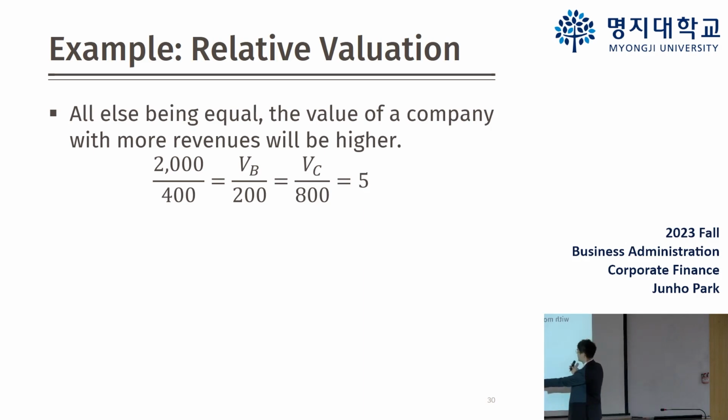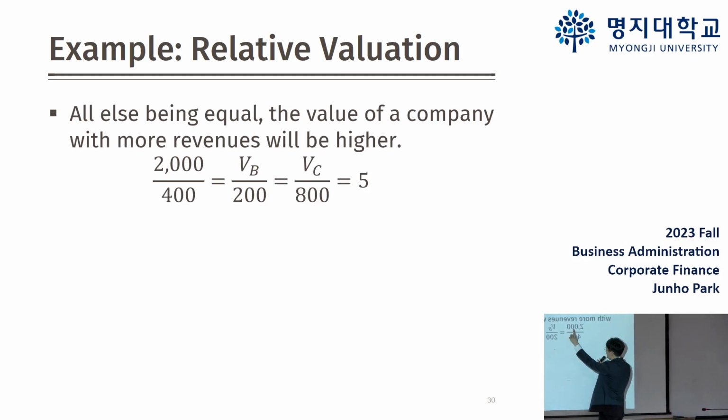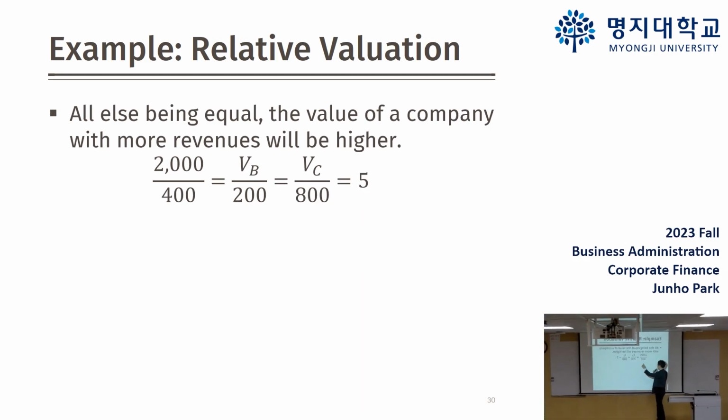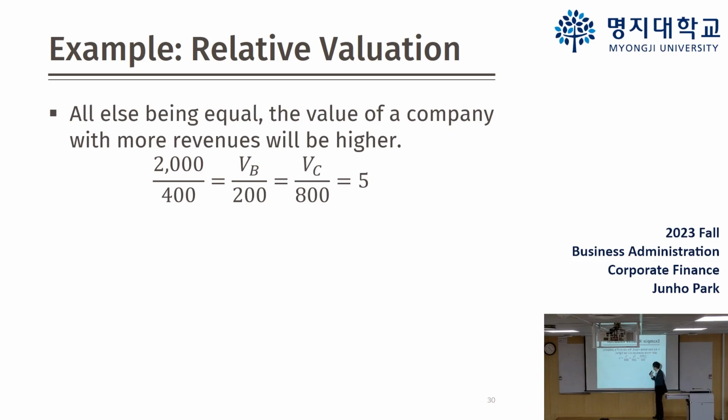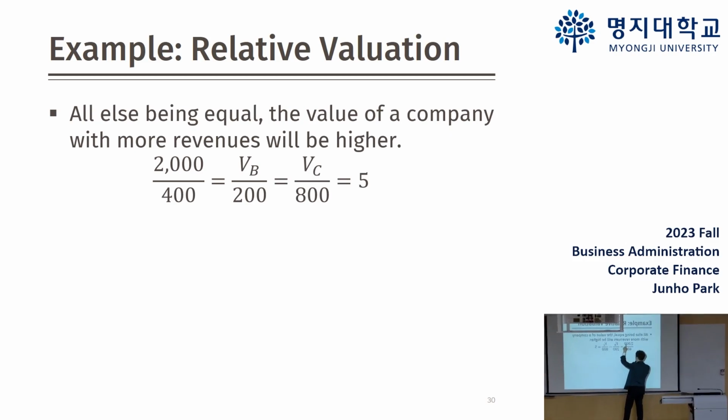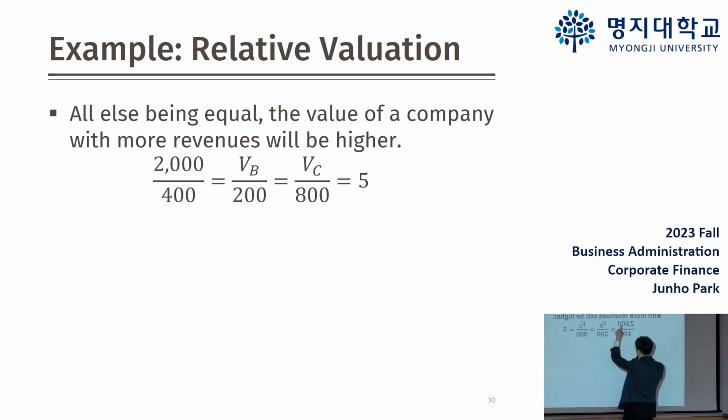For company A, the value was 2,000 when its revenue was 400, and it will similarly apply to company B and company C. Because we can find that the ratio between the market value and the revenue is 5, we can easily obtain the other firms' values as well.